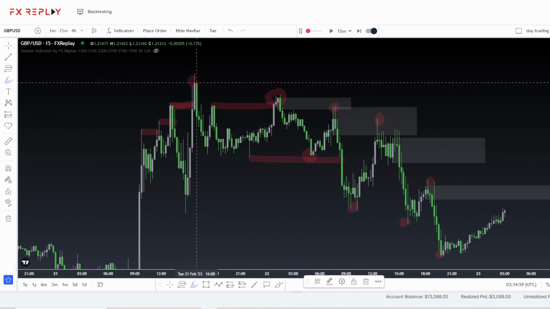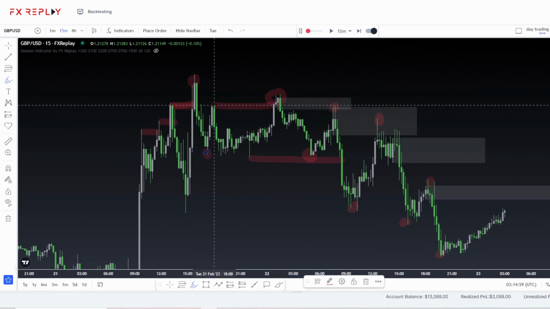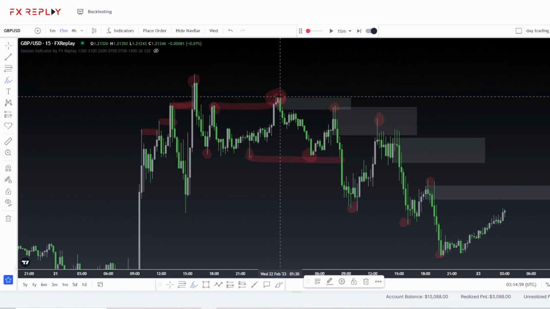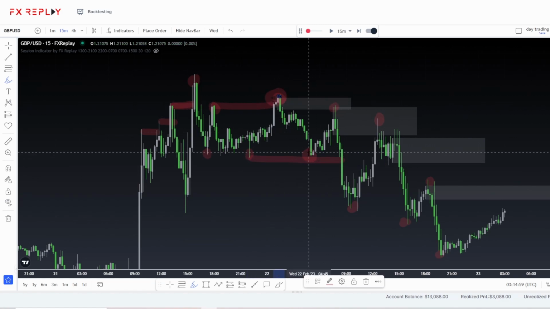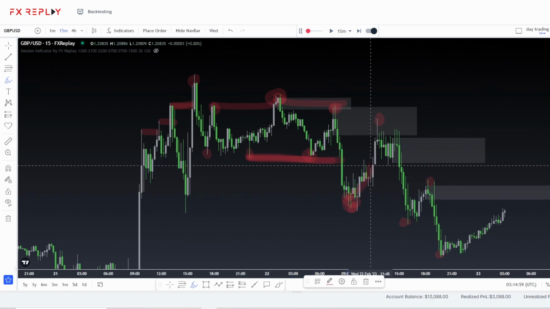Because we put in the high, low, high, low, higher high, and then this here was not a lower low, but this was a lower high, and then we put in a lower low. Price respected this supply zone, and then after putting in this lower low and having a change of character, it then pulled back and respected this supply zone, right?